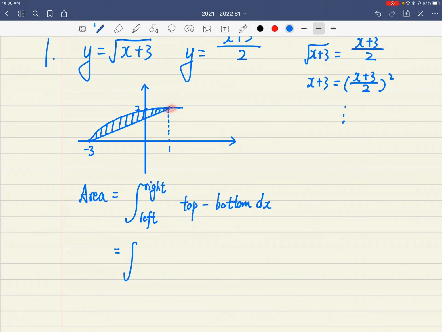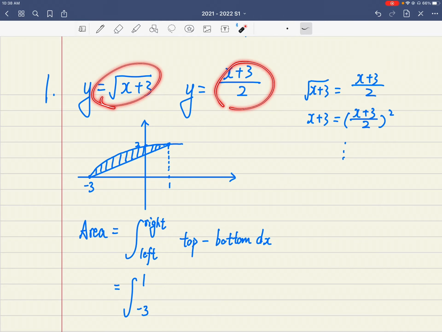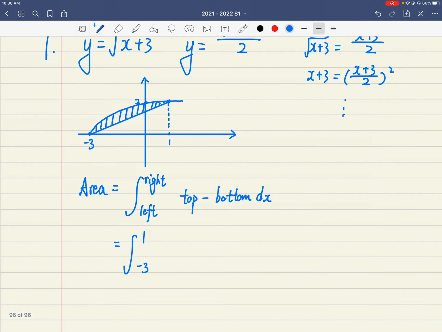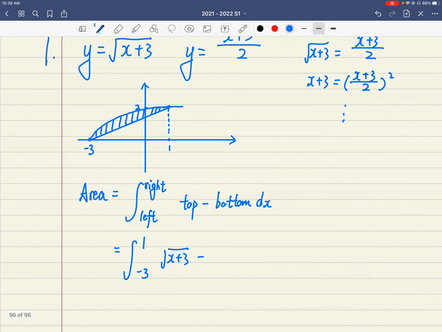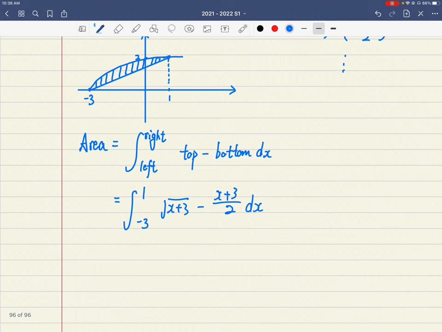On the right, they meet when x is positive 1. So it's from negative 3 to 1. The top function is always higher than this function, so it's the square root of x plus 3 minus (x plus 3) over 2. This is going to be the area.